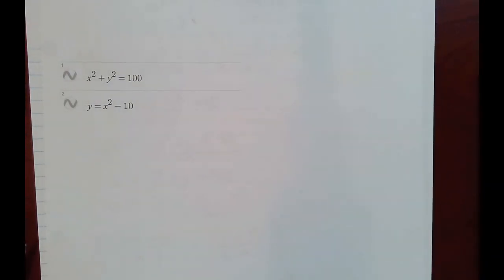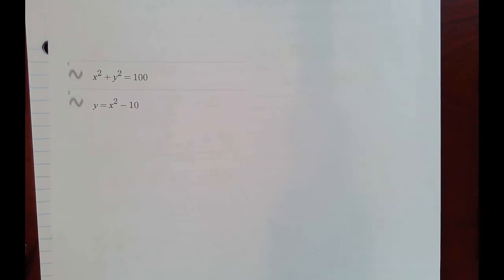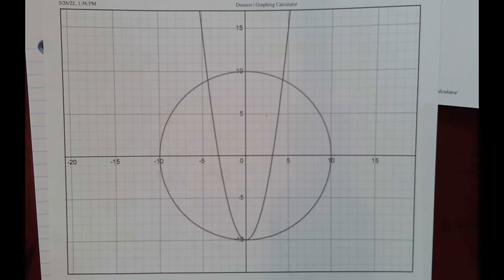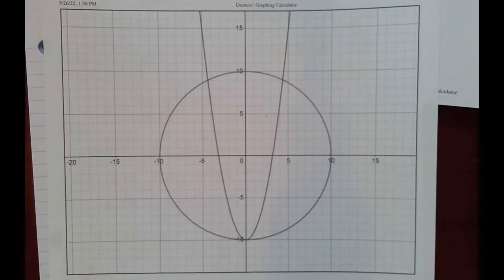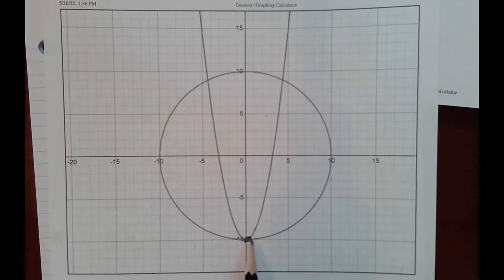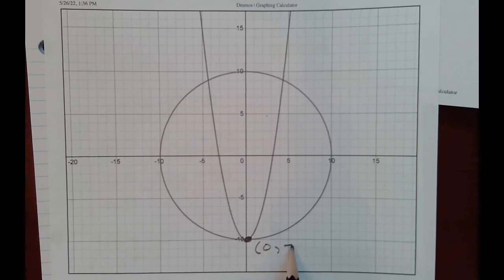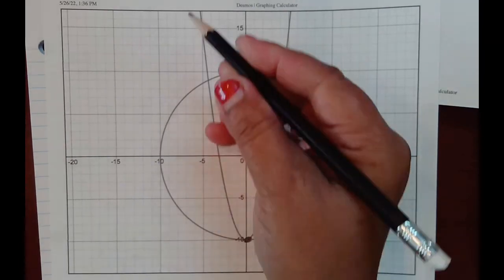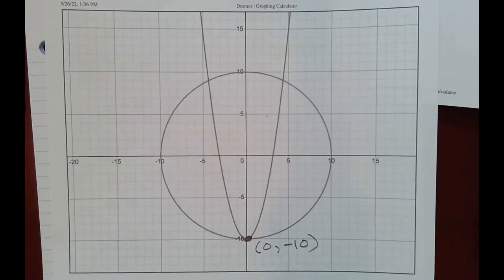That's part of the beauty of using that site. And then you'll push graph. And when you push graph, this is the picture. This point right here is the 0, -10. That is one place that this parabola hits the circle.